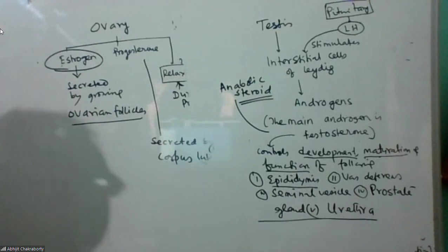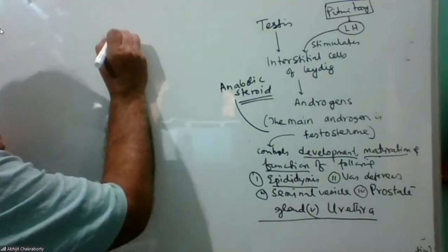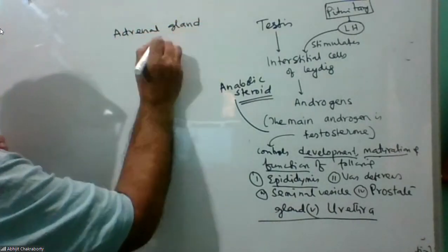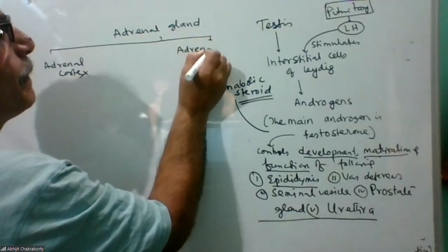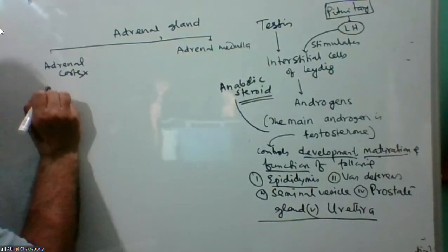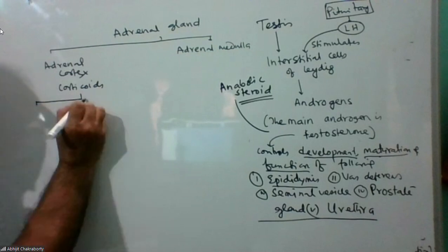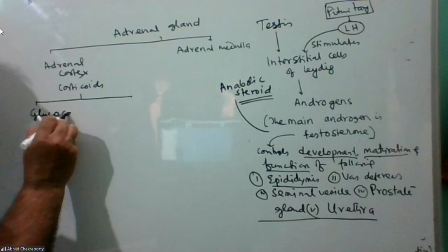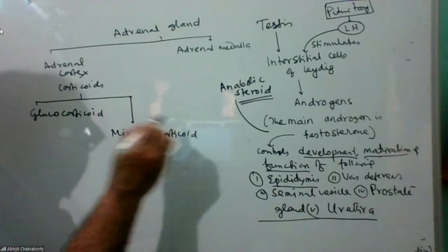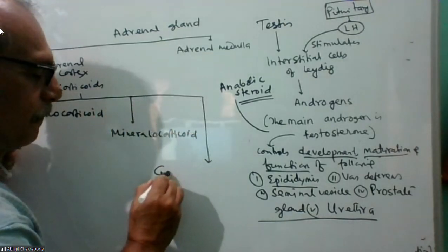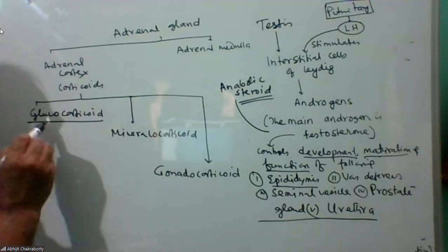Then comes to, I'm just revising this: adrenal gland, adrenal cortex, adrenal medulla, corticoids, glucocorticoid, mineralocorticoid, gonadocorticoid. Three hormones actually, main corticoids.